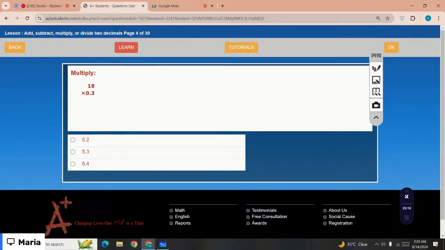So which is the correct option? That is 5.4.